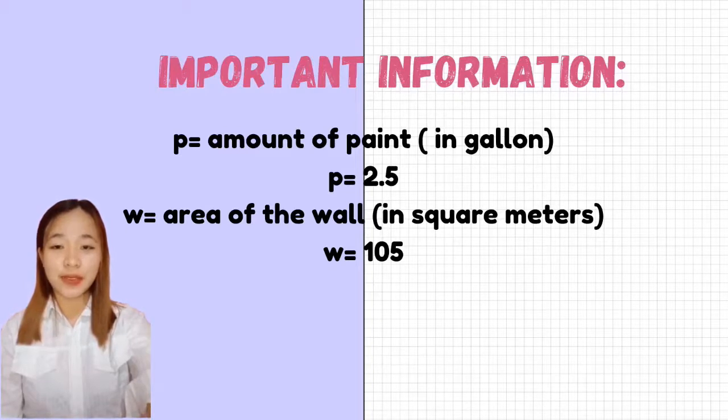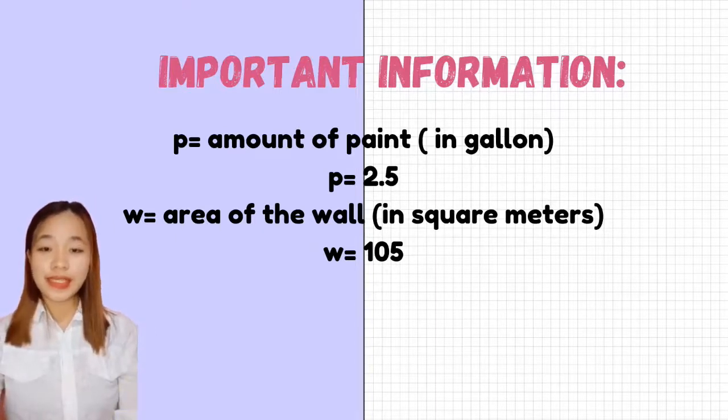Next is W, the area of the wall in square meters, and W is equal to 105. Those are the given numbers in our problem, and take note that when looking for numbers, be sure to eliminate any unnecessary information.